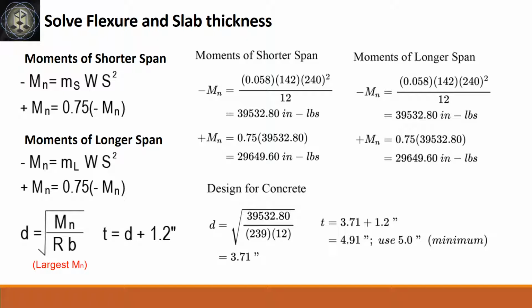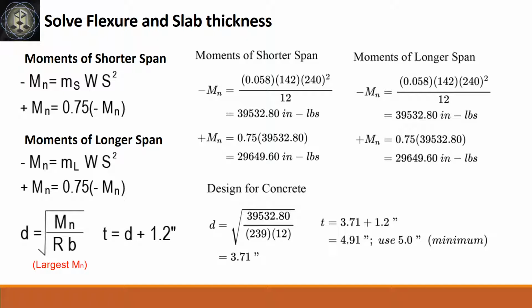With a total load of 142 pounds per square foot, a short span of 20 feet, and a moment coefficient of 0.058 for both short and long span, we get a negative moment at the shorter span of 39,532.80 inch-pounds and a positive moment of 29,649.6 inch-pounds.